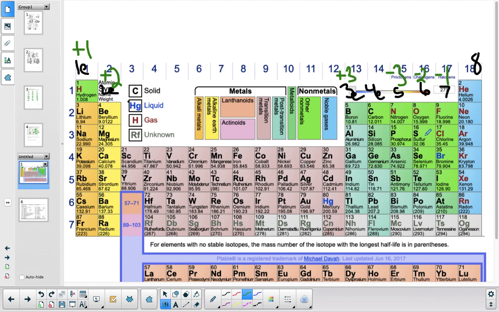Whereas sulfur has 6 valence electrons, so it's going to be a lot easier for it to gain 2 instead of trying to lose all 6. Atoms are pretty lazy, so they always try to figure out which one they can do that's less work, and that's what they're going to do. Magnesium is never going to try to gain 6. It's always going to lose because that's just easier, less work on its part.